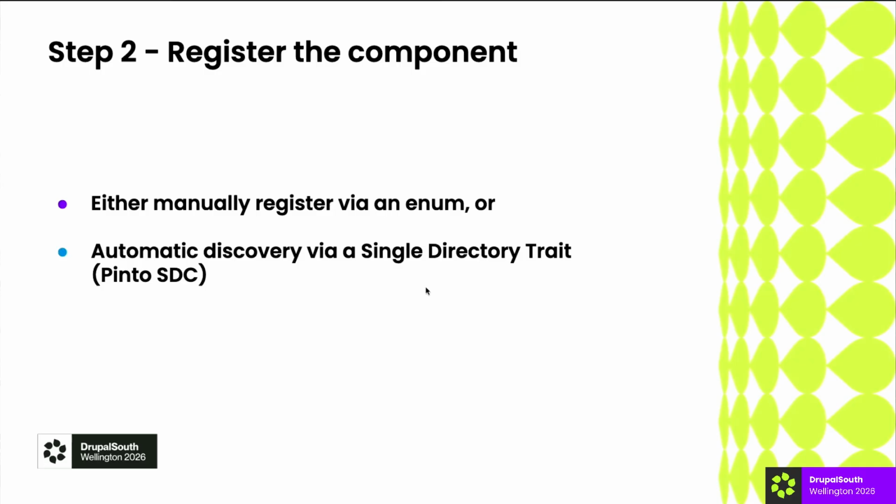So if you like that sort of setup where everything related to a component's encapsulated in a directory, you can do that as well. And there's a little bit more flexibility around how that's set up. But in this talk we'll mainly be talking about the enum discovery. And we'll also talk about SDCs a bit more later as well.